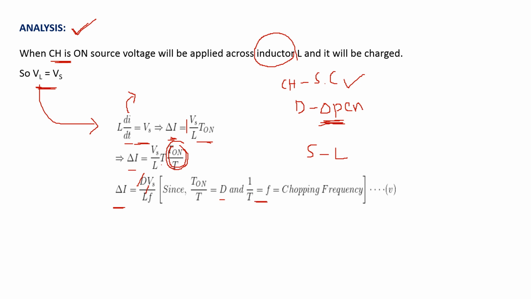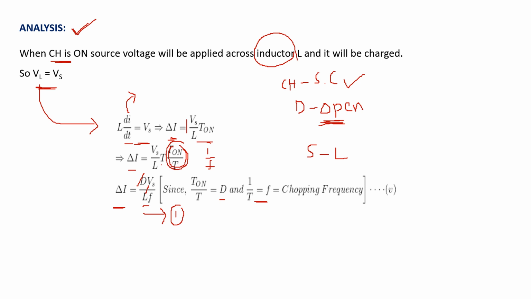So here T we can write as 1 by F. So finally we are getting delta I is equal to D into Vs by L into F. Consider this is equation number 1. Okay, this is the change in current during the on time of the chopper.